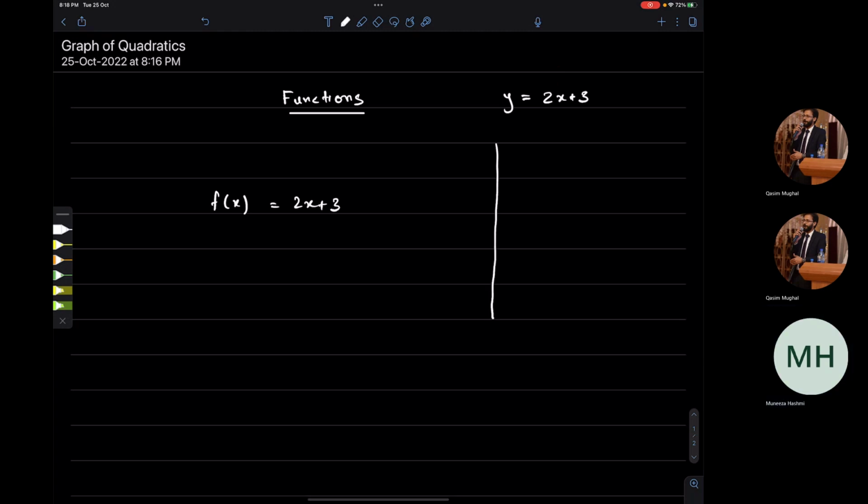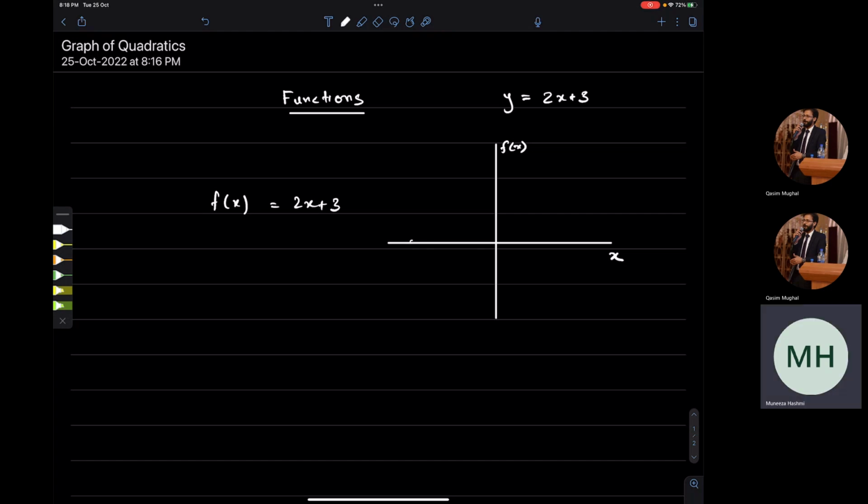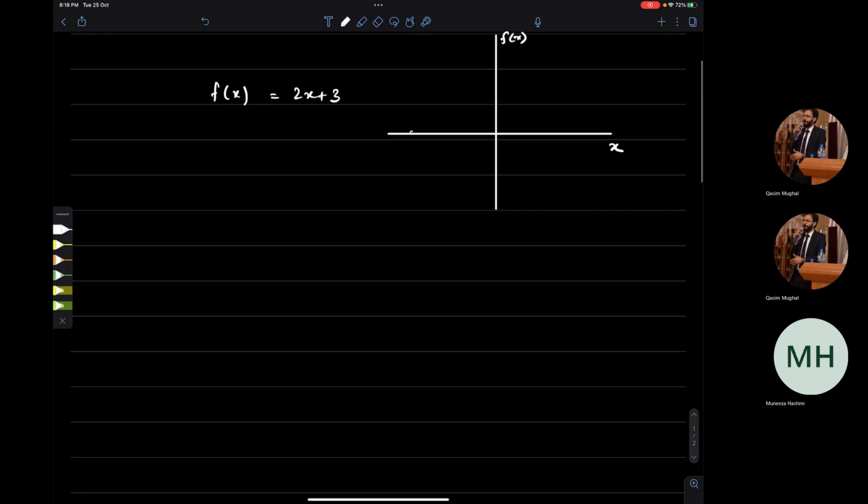And talking about the graphing grid, this is what changes in it. Before, you would consider the y-axis as f of x and just x as the x-axis. Now every function has a domain and a range.